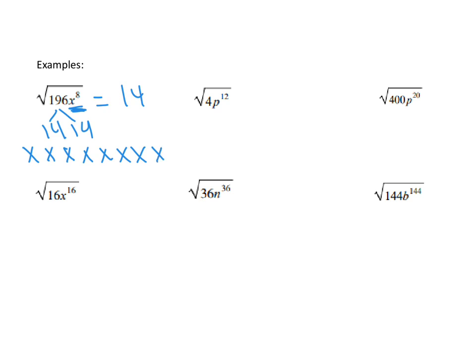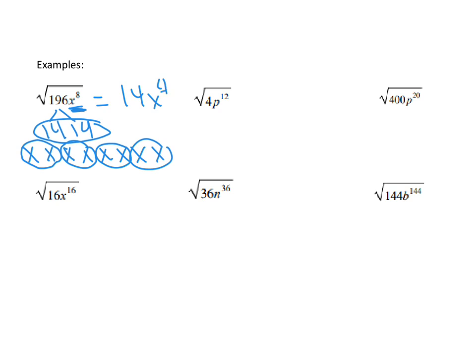We just said that square root means you have to have pairs. How many pairs do we have in that 8th? There's 1 pair, 2 pair, 3 pair, 4 pair. So the square root of 196x to the 8th is 14x to the 4th.